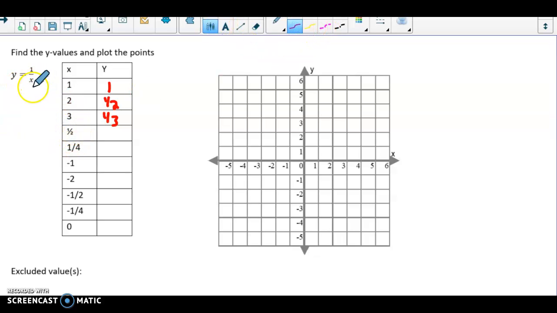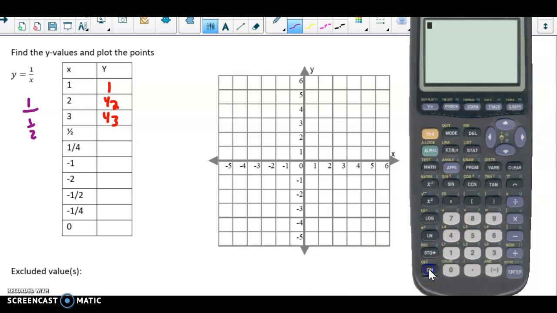Now I'm going to put a half in for x. So I have 1 over a half. Hopefully you remember that when you divide by a fraction, you're really multiplying by the reciprocal. So that would be 1 times 2 over 1, which would be 2.